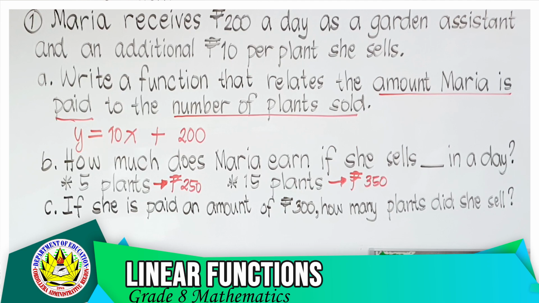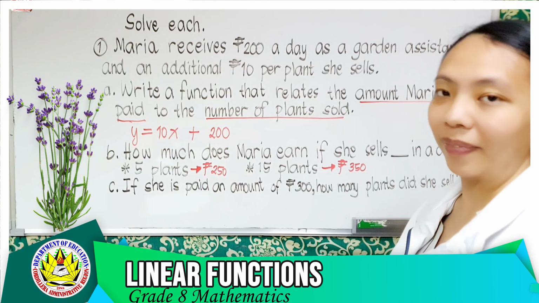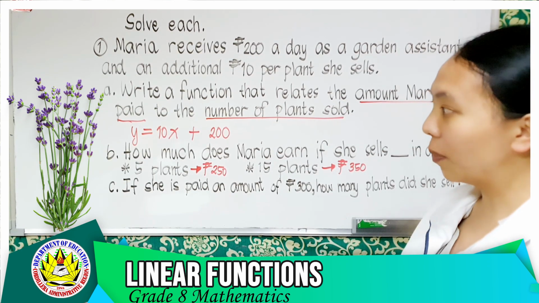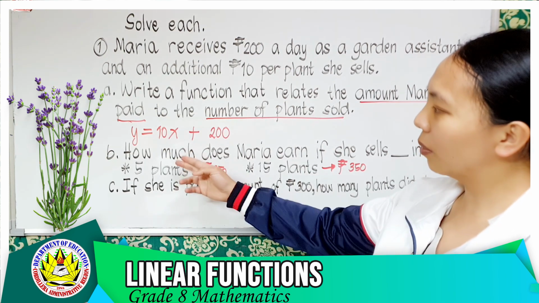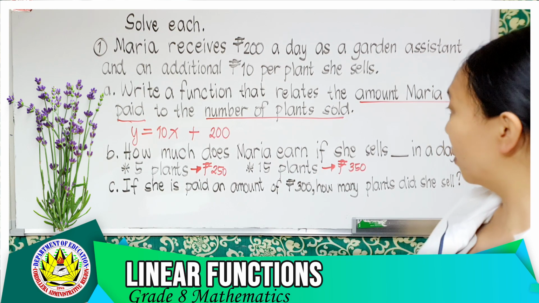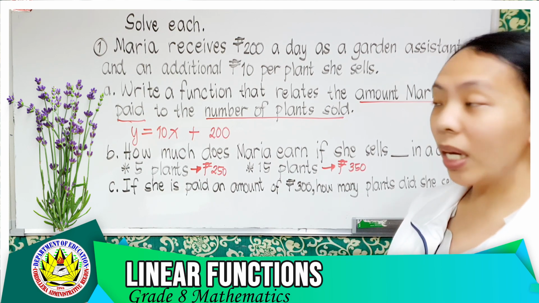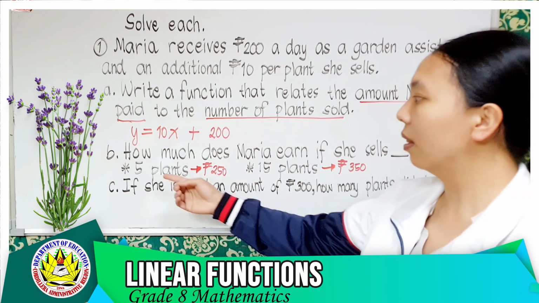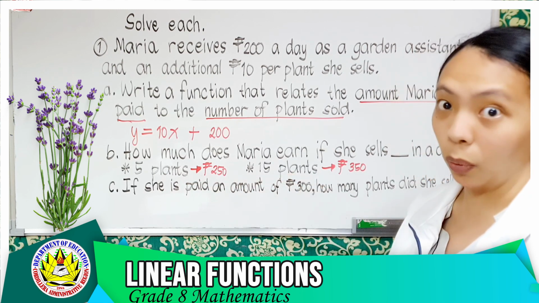This time, let us answer the last question. If she is paid an amount of 300 pesos, how many plants did she sell? Let us first compare the difference between question B and question C. In question B, we are given the number of plants sold.